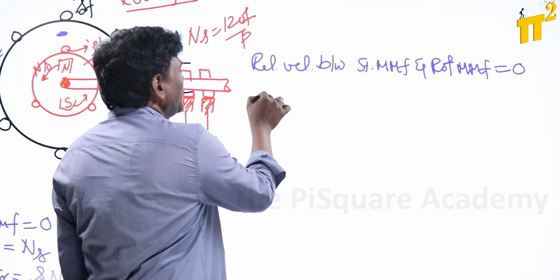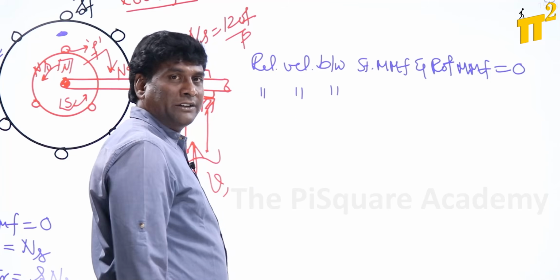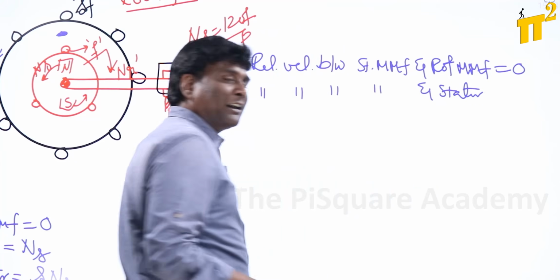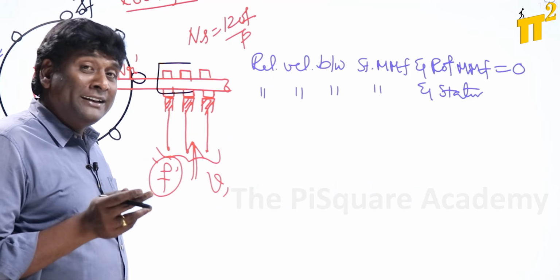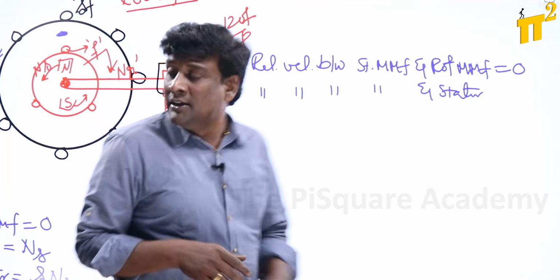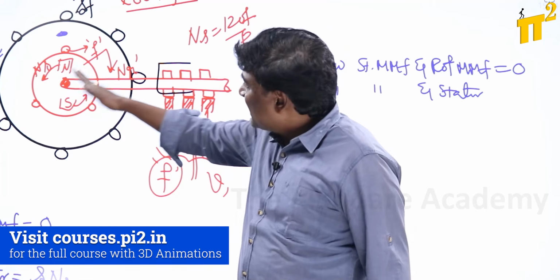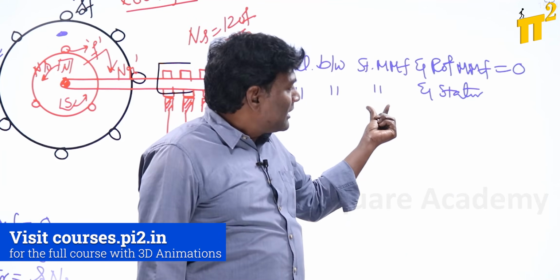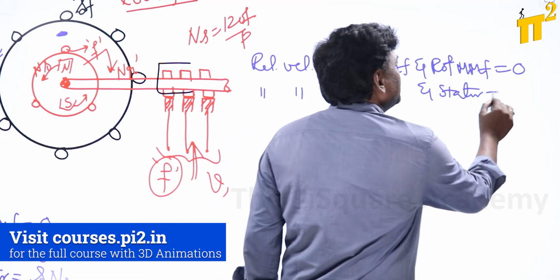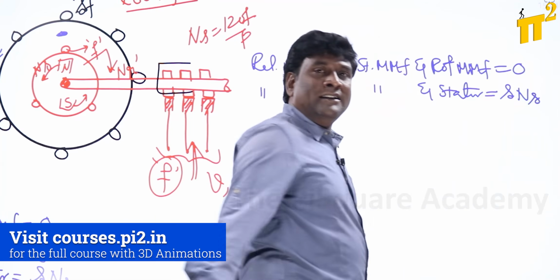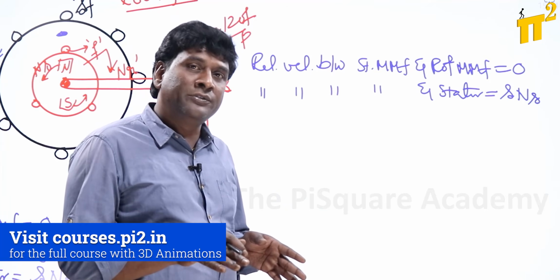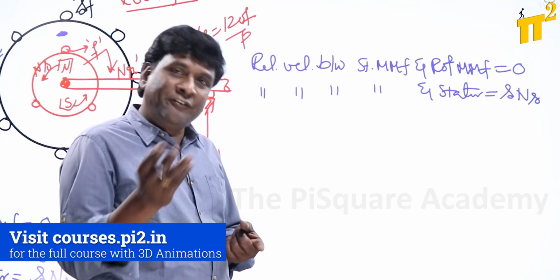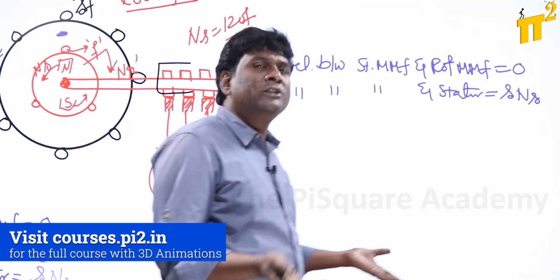Now let us think of the relative velocity between stator MMF and stator only. In a rotor-fed induction motor, the moment the rotor frequency is F, the stator frequency is going to be S times F. So the speed of stator MMF with respect to the stator is going to be S Ns, because ultimately the speed of rotation of MMF is 120F by P. P cannot be changed, and 120F is directly proportional to F. If the frequency is SF, my speed of rotation is going to be S Ns.